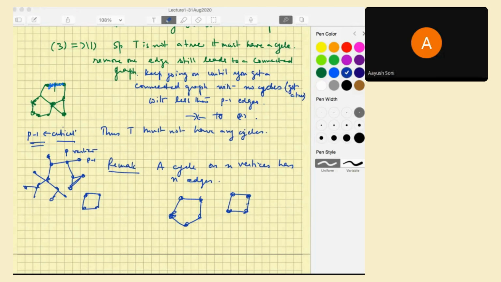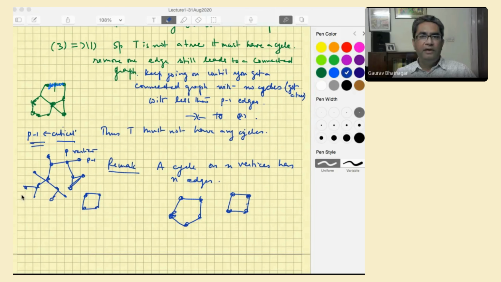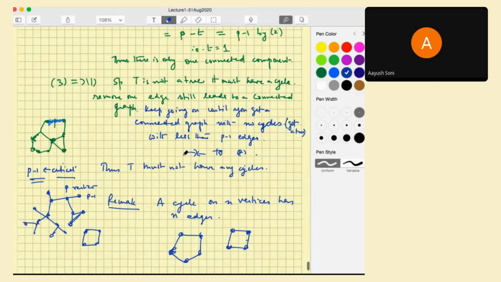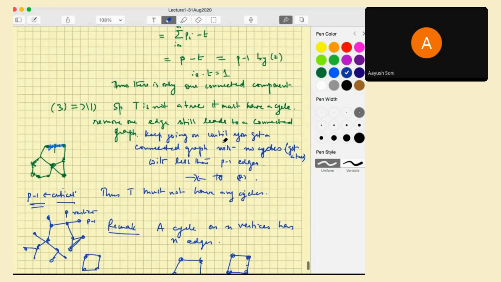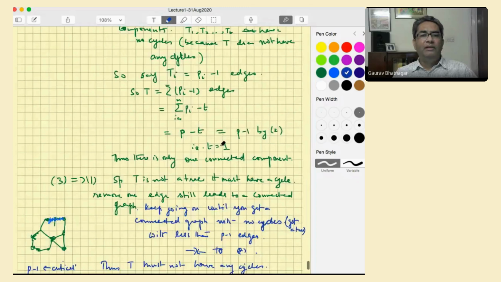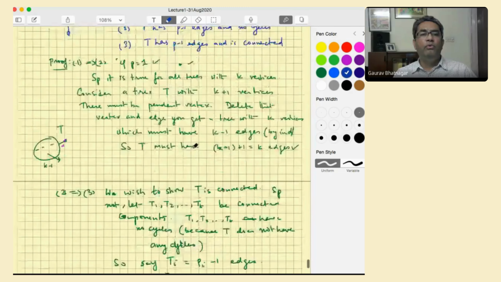Professor, can you please repeat the last part of the argument for 3 implies 1? Like, what exactly is the contradiction? Which part? In the last one, we get a connected graph with no cycles with less than P minus 1 edges. So what exactly is the contradiction there? Well, the contradiction is to part 2.